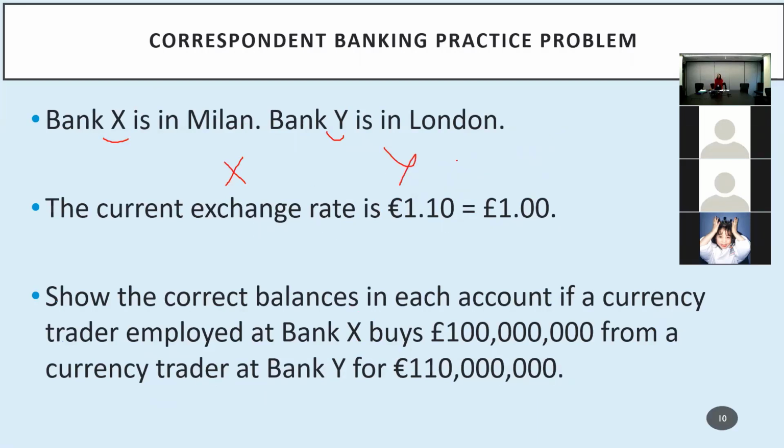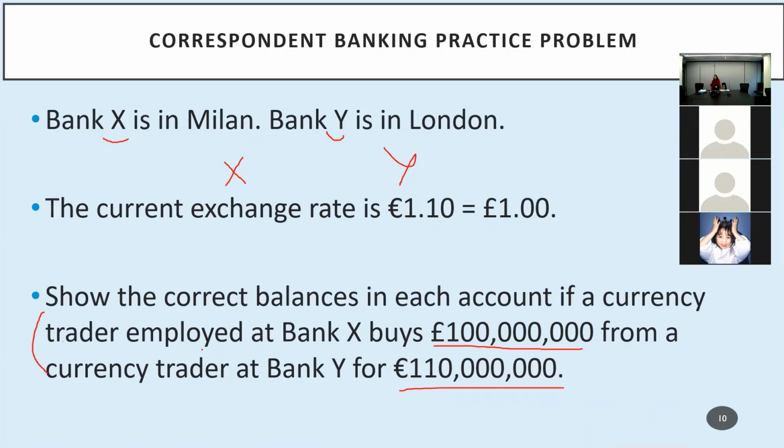Currently the exchange rate is that for every pound we can change it for 1.1 euro, which means that if we want to exchange 100 million pounds, we can exchange it for 110 million euros, right? So this is the transaction that we are dealing with.